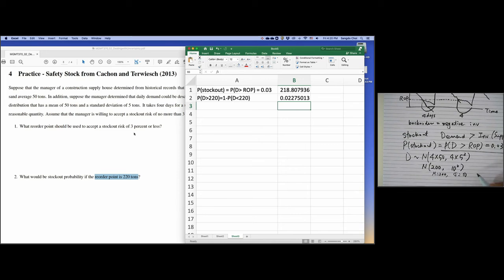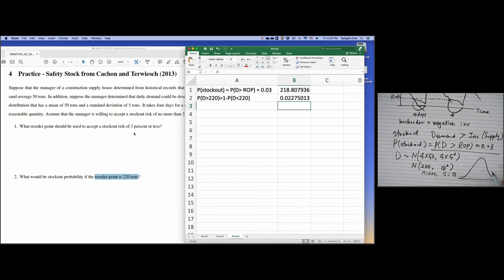And draw the graph again. Your ROP is greater than a certain number. Actually this is 0.03. Then what is this probability? The left side area is 0.97. Then you can use 0.97 as our inverse probability number, right? Then for this case you can use norm inverse, and the probability is 0.97.